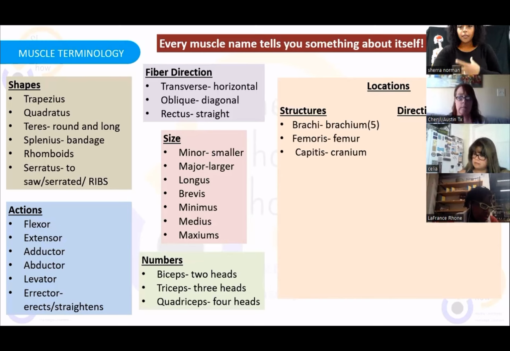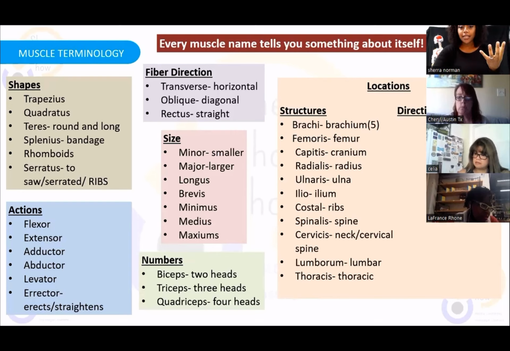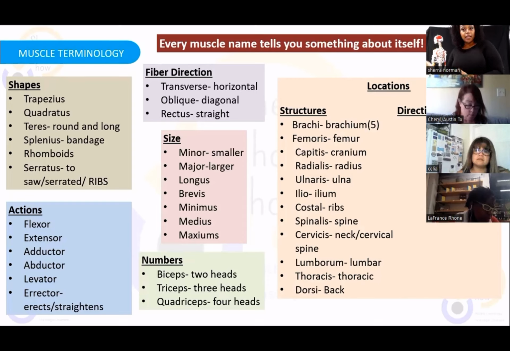And then of course, the biggest category, locations. A lot of these muscles tell you exactly where they are or what they attach to in the name. Brachii means brachium. So we have 5 brachium muscles. Femoris means it attaches to the femur in some kind of way. Capitis means it goes all the way to the cap, all the way to the skull, okay? Radialis, radius, ulnaris, ilio is ilium. We see that in iliocostalis, right?